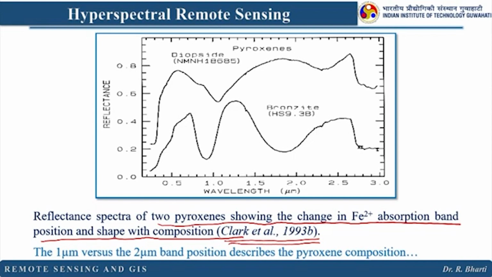So, remember this. Why? Now, you have to analyze these spectra and correlate them with your band math, band ratios concept. Now, you see why we can use this particular combination to highlight this pyroxene.